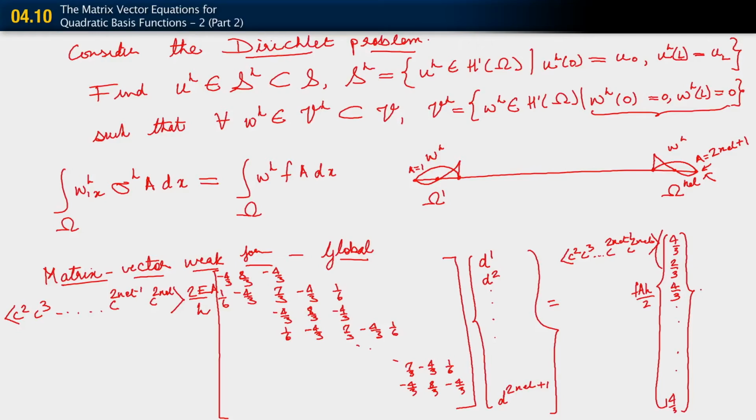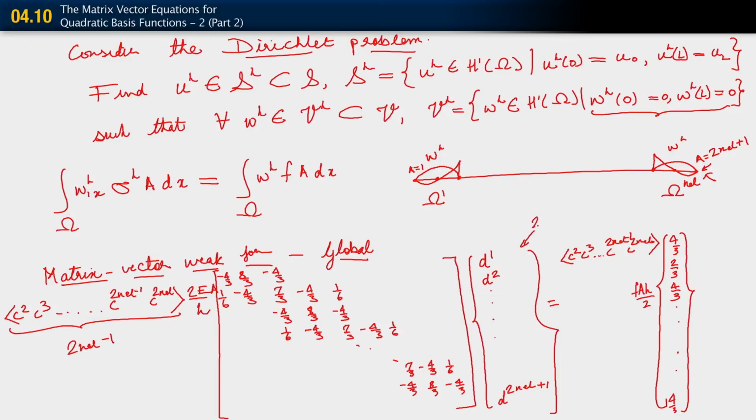We have here also then the contribution from traction. Well, we don't have a contribution from traction because there is no traction in this problem. That's it then. I don't even need this parenthesis. That's what our right-hand side looks like. Let me point out something about dimensions. This vector is 2NEL minus 1.